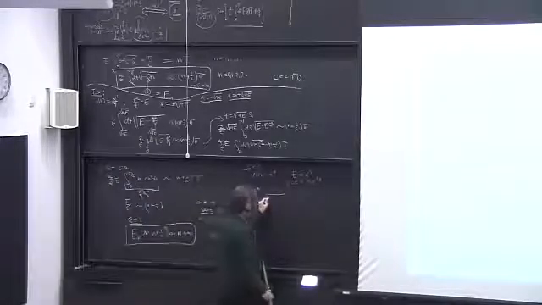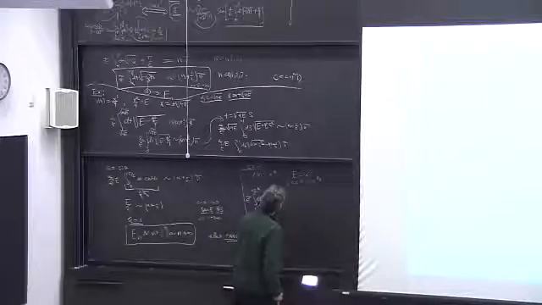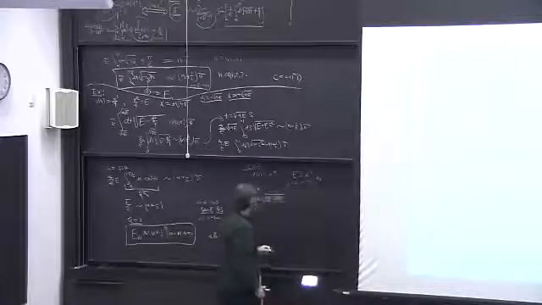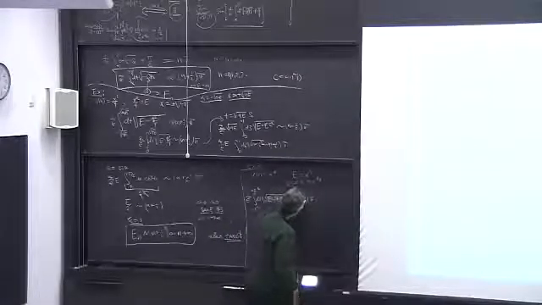So it's E minus t to the 4. And that's equal to n plus a half pi.